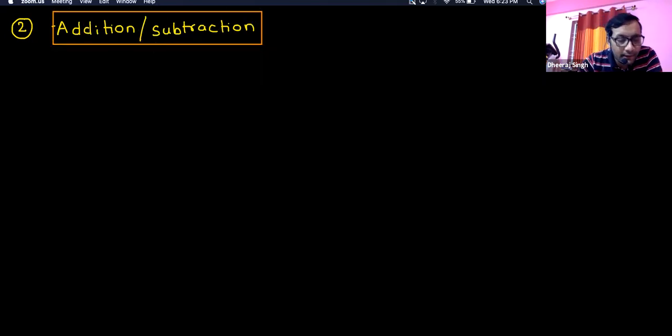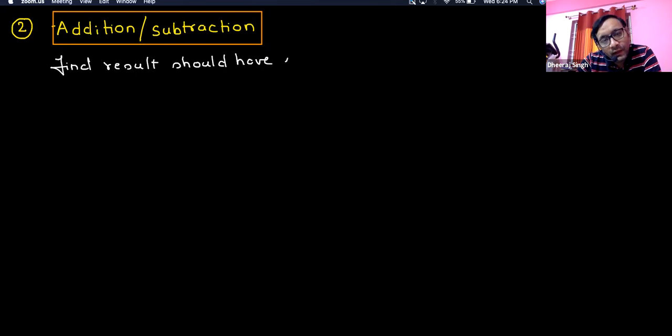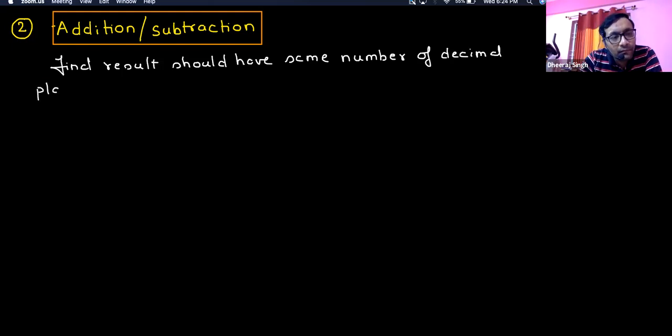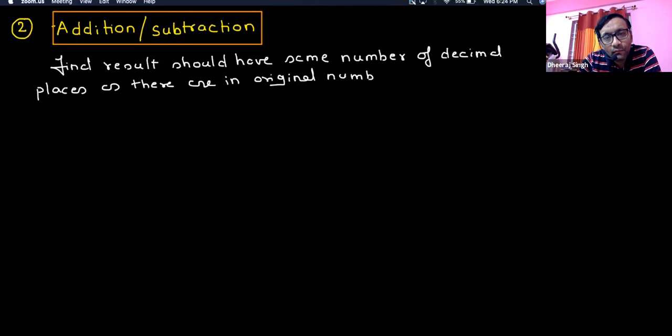The rule is this, that the final result should have the same number of decimal places as there are in the original number having the least decimal places.